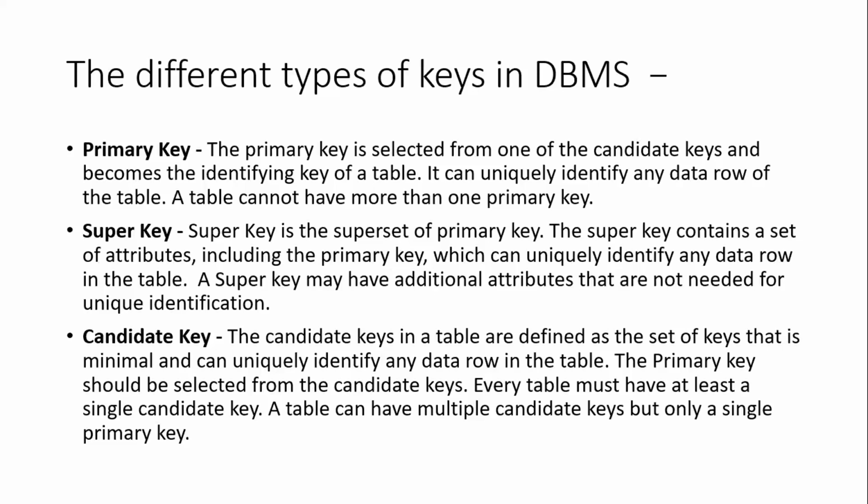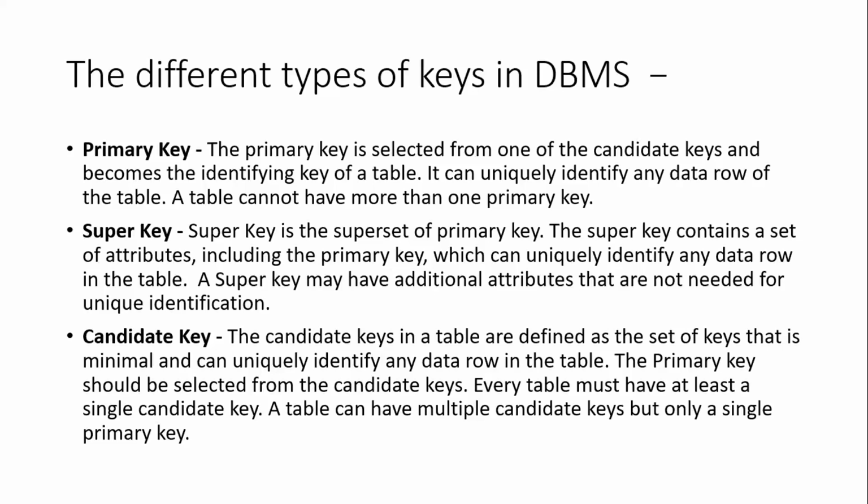Clear? Next, super key. Super key is a superset of primary key. Superset means it can contain other keys as well. The super key contains a set of attributes including the primary key, which can uniquely identify any data. The primary definition of a key is to uniquely identify a row in a table.